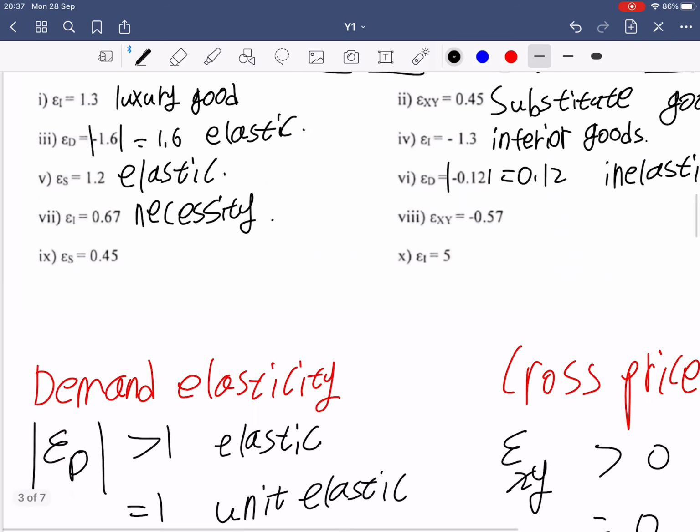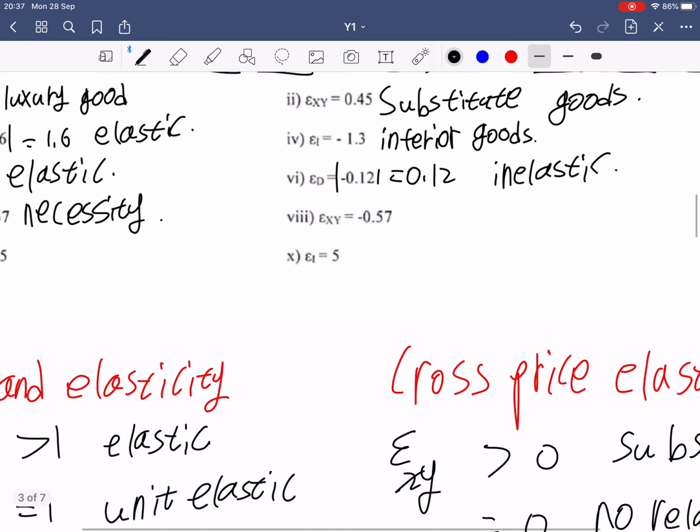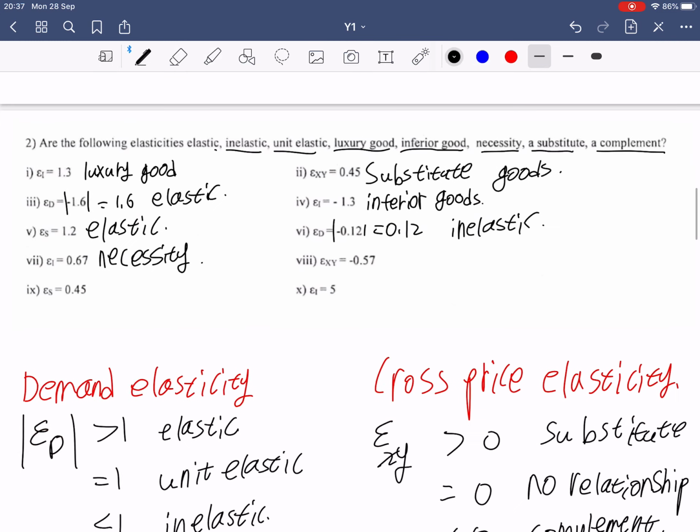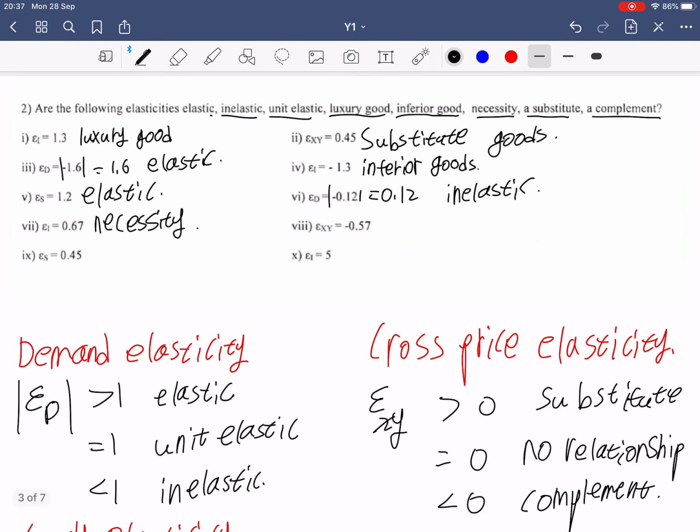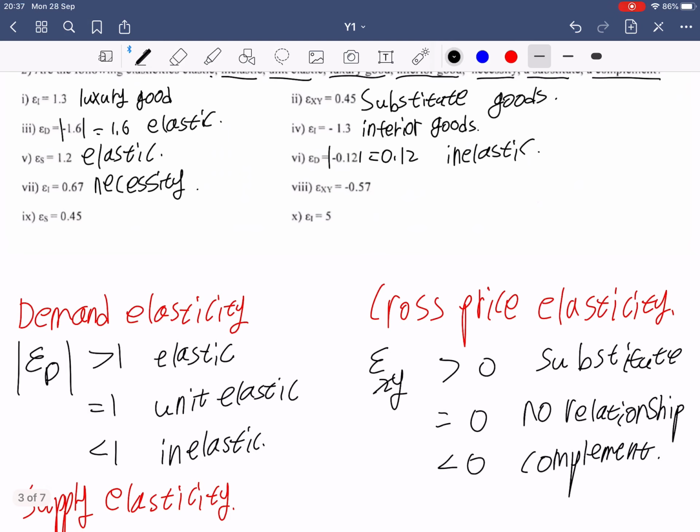In question 8 here, EXY, which tells us that it is cross price elasticity, is negative 0.57, so it is smaller than 0, so it must be complement.